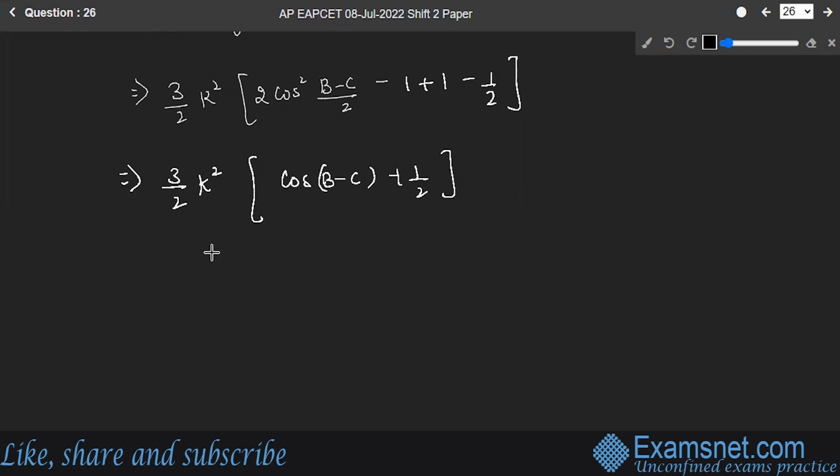So now further, you can write it as 3/2 k² [cos(B - C) + 1/2]. 1 by 2 can be written as cos A because cos 60 degrees is equal to 1 by 2.